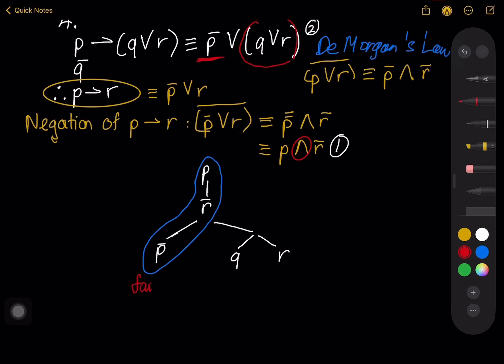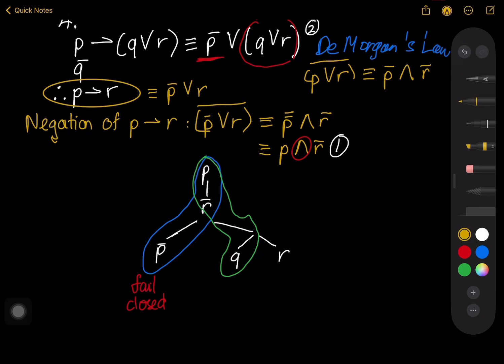Therefore, it is closed. Okay, how about this branch here? We don't know yet, right? We have different variables. So we don't know if it's closed or open on this one yet.